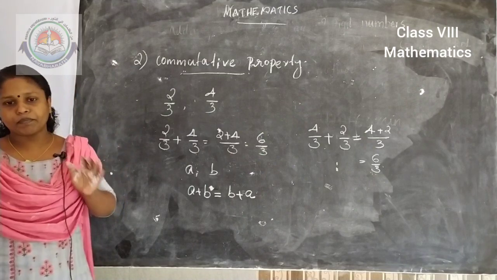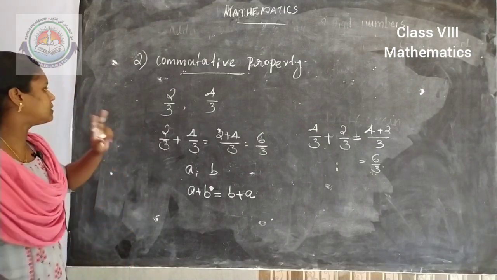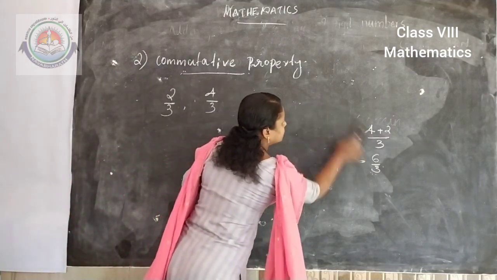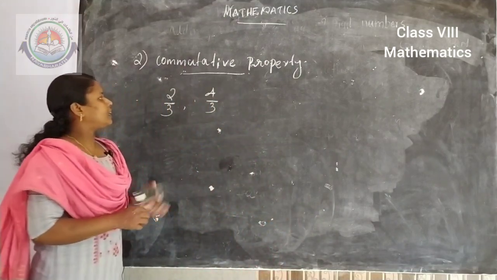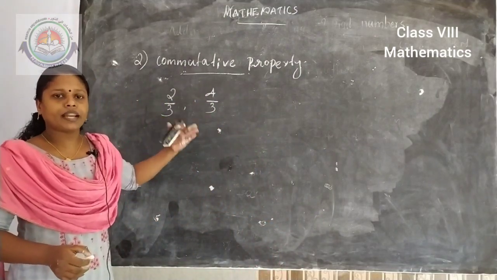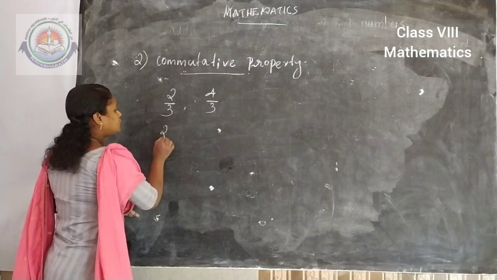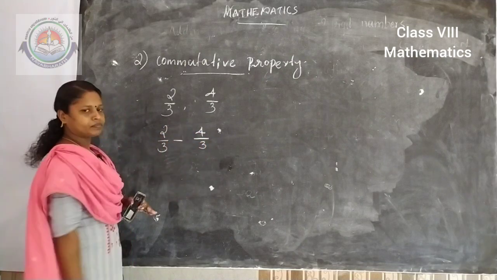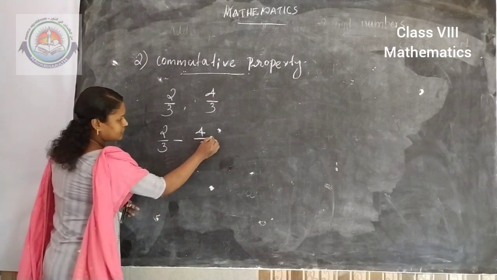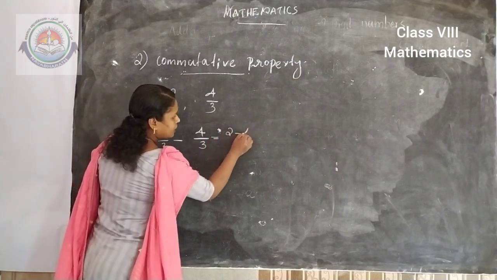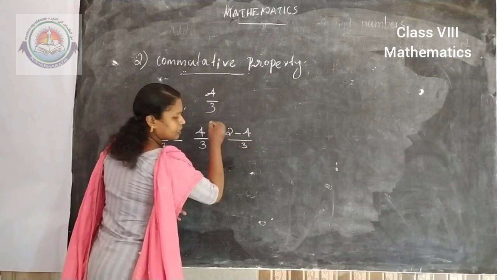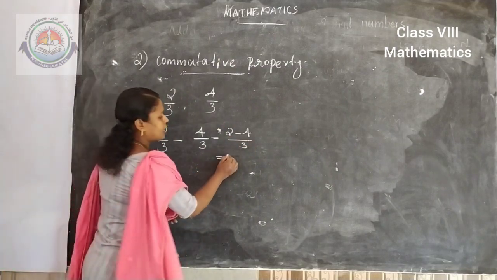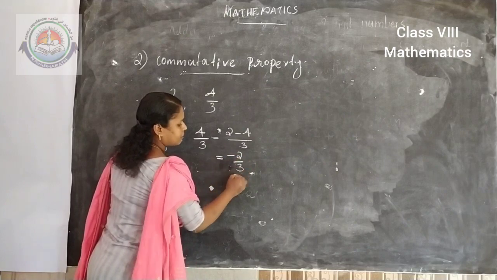And what about subtraction? We can take the same rational numbers, 2 by 3 and 4 by 3, and we are subtracting these numbers, 2 by 3 minus 4 by 3. Then here, which is equal to 2 minus 4 by 3. 2 minus 4 is minus 2 by 3.